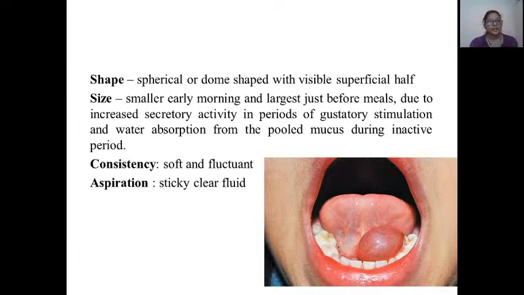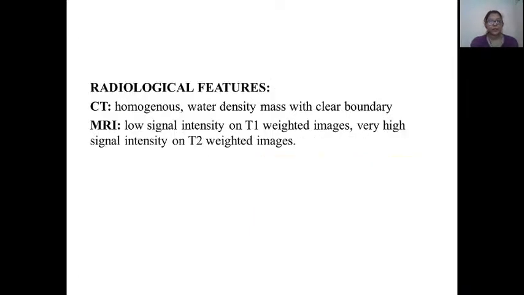Size: early morning it is smaller, but it is largest just before meals because of the increased secretory activity in periods of gustatory stimulation and water absorption from the pooled mucus during inactive periods. Consistency is soft and fluctuant. Aspiration gives out sticky clear fluid.